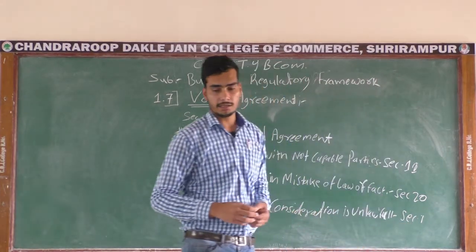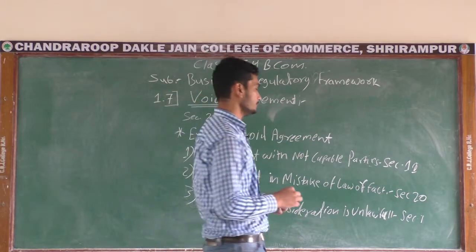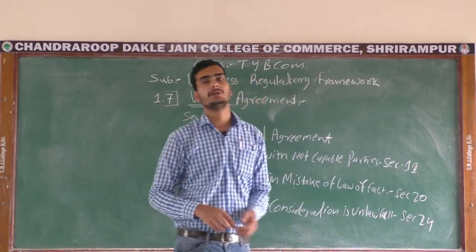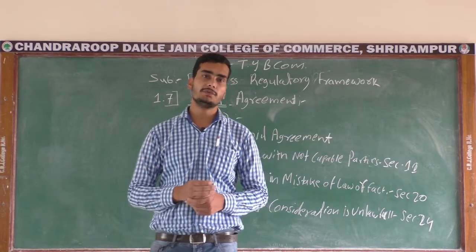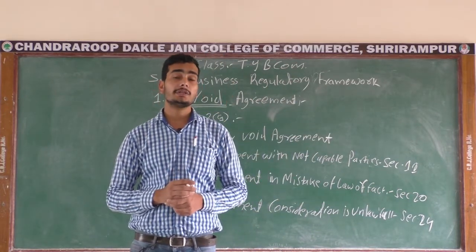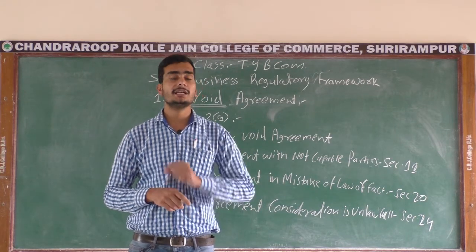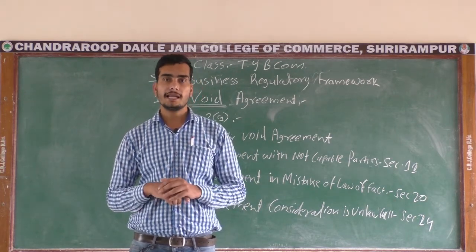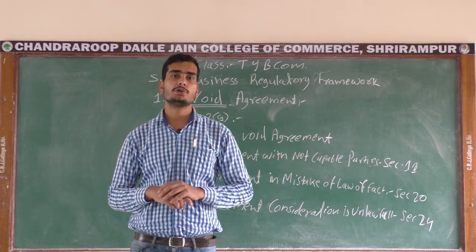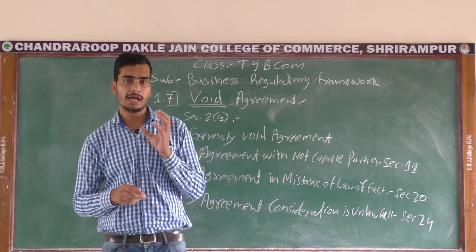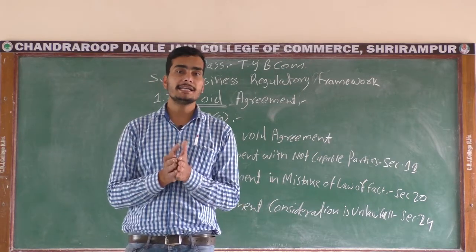Section number 24. As per section 24, if you are making a contract with unlawful consideration, or in the absence of consideration, it is not considered a valid contract. Your contract is going to be void. In that sense, you have to include a valid type of consideration.